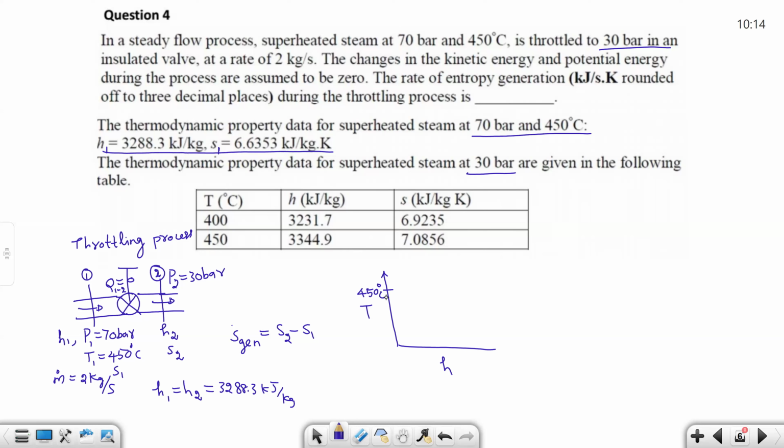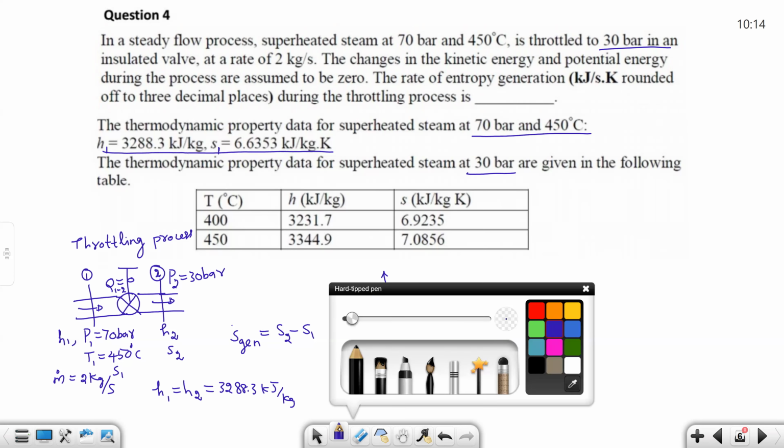Your value of H is 3344.9 at 450 degrees centigrade, and at 400 degrees centigrade, this is 3231.7.